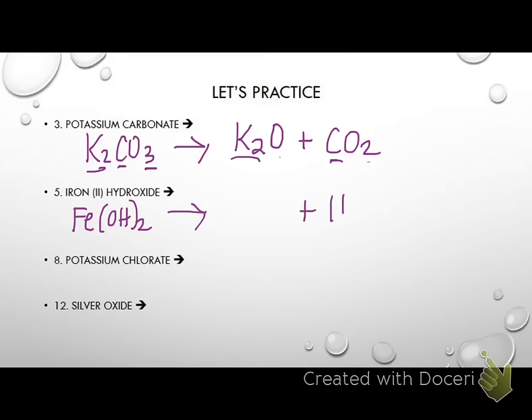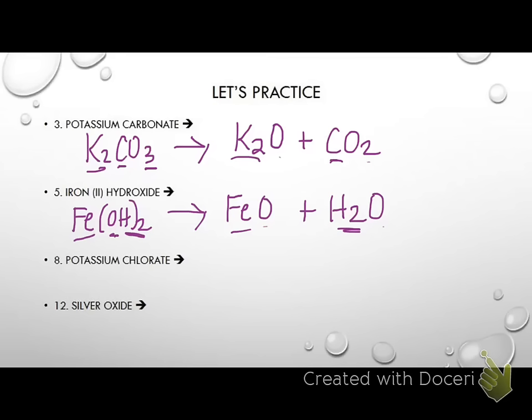So I know I'm going to get water, and I'm going to do metallic oxide, which will be iron(II) oxide, so it's just going to be FeO. And if I look at that, I am already balanced. I have 1 iron, 2 hydrogen, 2 hydrogen, 1 oxygen, 1 oxygen. It's balanced.